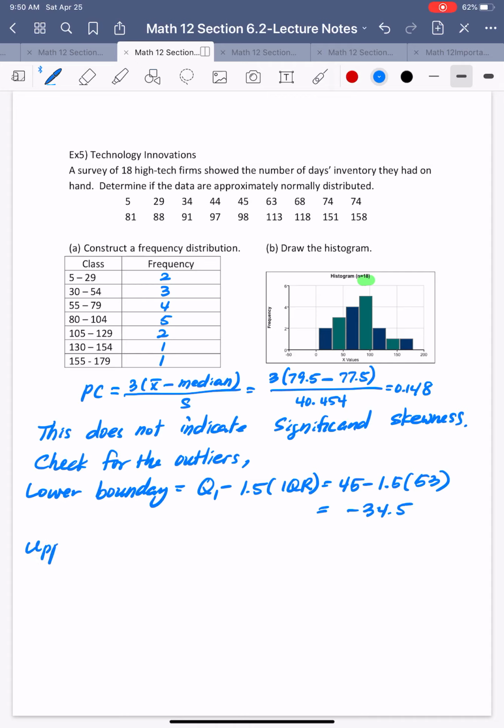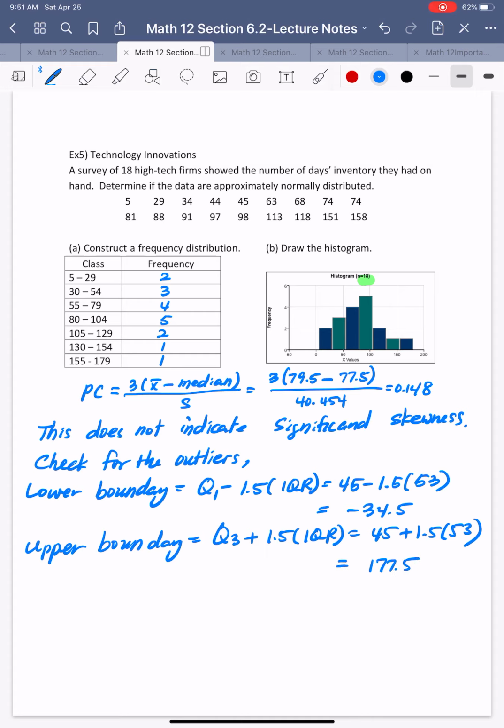The upper bound is Q3 plus 1.5 times IQR, which is 98 plus 1.5 times 53, giving 177.5, because IQR is Q3 minus Q1, 98 minus 45, which is 53.